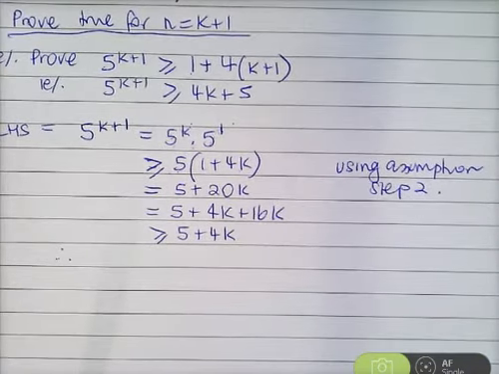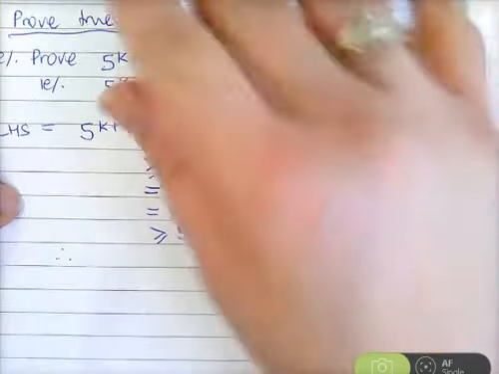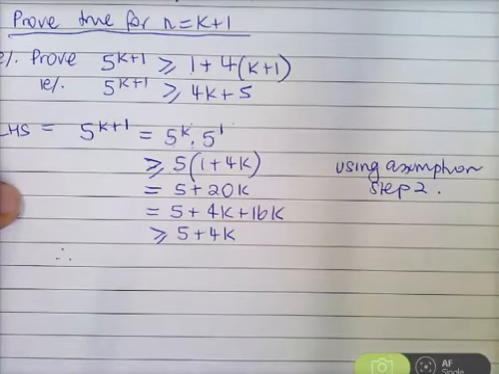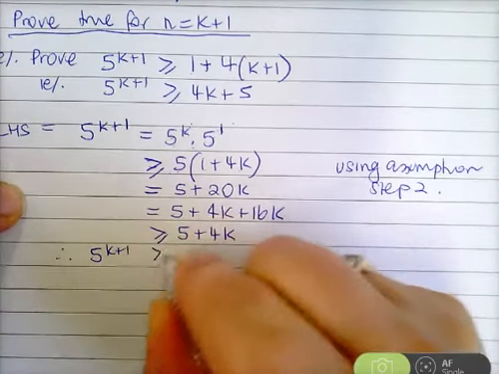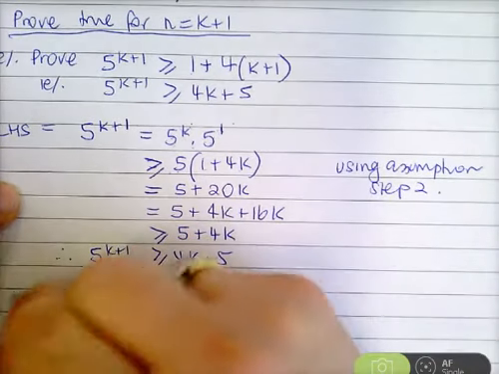You still put greater than or equal to, because that's the result you're trying to prove. I wouldn't go changing it and putting a greater than. So therefore, 5 to the k plus 1 is greater than or equal to 4k plus 5.